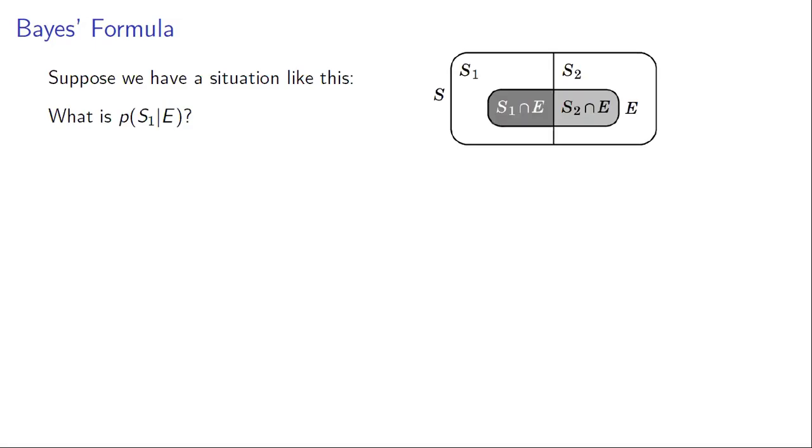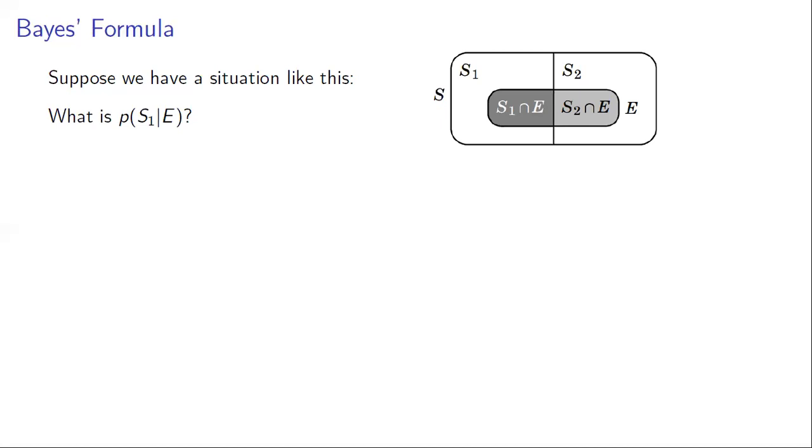So we start off with, suppose we have a situation like this, right? Here we have a sample space S, and it's divided up into two parts, S1 and S2. It doesn't have to be exactly in half. The point is there are two parts of the sample space, and then we have an event E, which is a subset of the sample space.